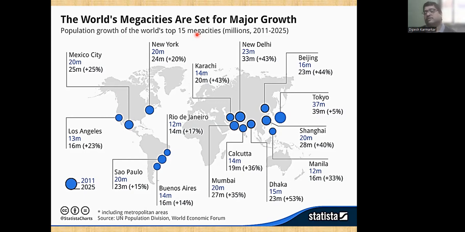We also have Karachi from Pakistan, Dhaka from Bangladesh, and to the far east we have Manila, Shanghai, and Tokyo, the largest megacity of the world with 37 million population, and it is expected to grow by 5% in coming decades. And obviously Beijing in China. So these are all the world's top megacities. These have got a population of more than 10 million.